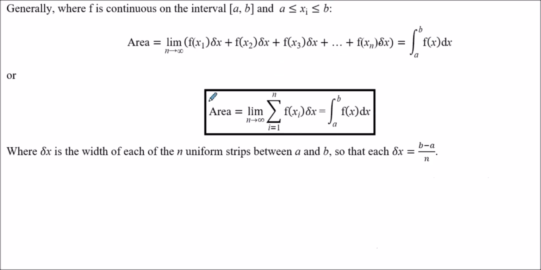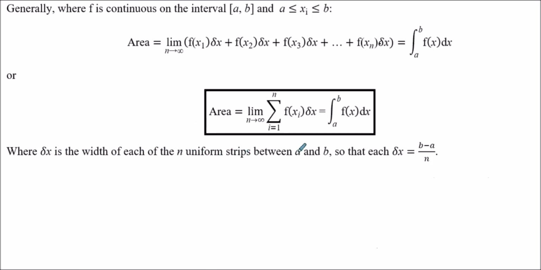And so the main result I've put in here for you. And so as n goes towards infinity, these delta x's become dx's, and we get the exact sum. So rather than this sum here, it becomes the integral summation symbol. So generally, delta x is the width of each of the n uniform strips, uniform in terms of the same width, each one.